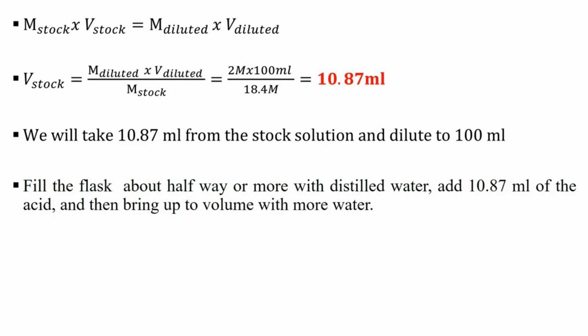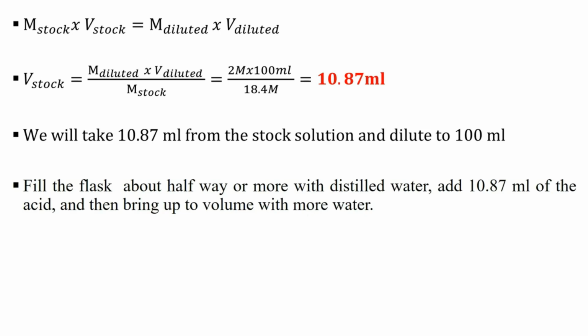Then it will be easy for you to pipette out the 870 microliters, which is added to 10 milliliters, so that you get 10.87 milliliters.